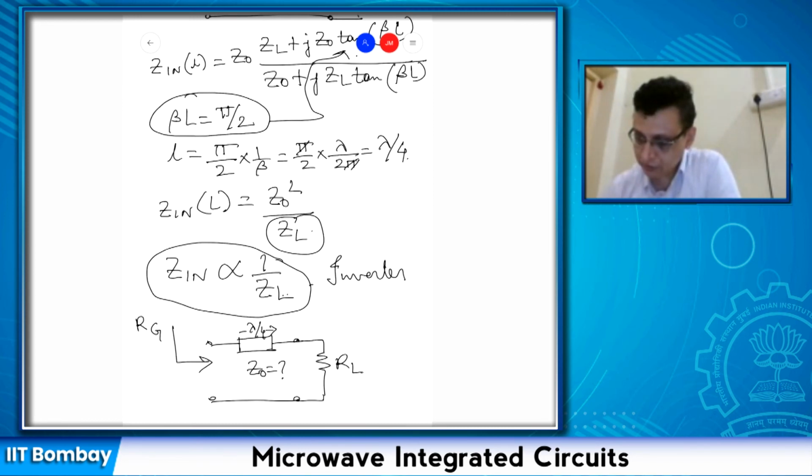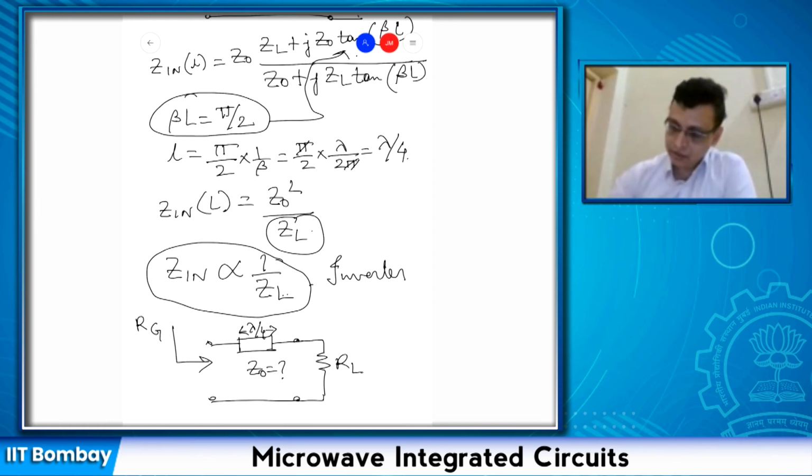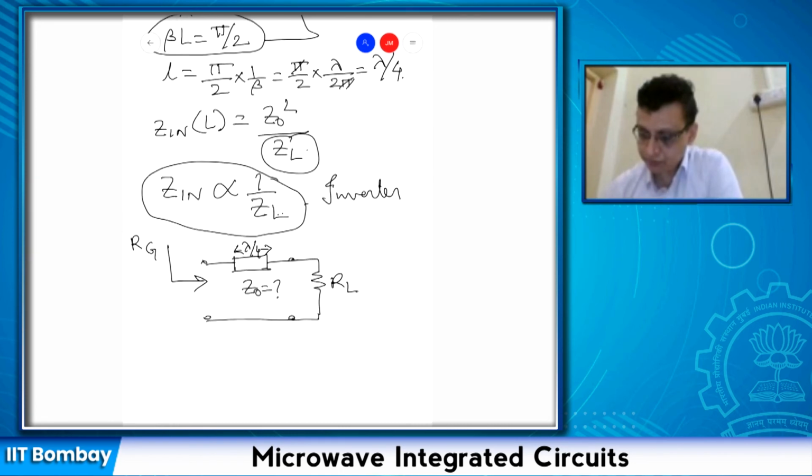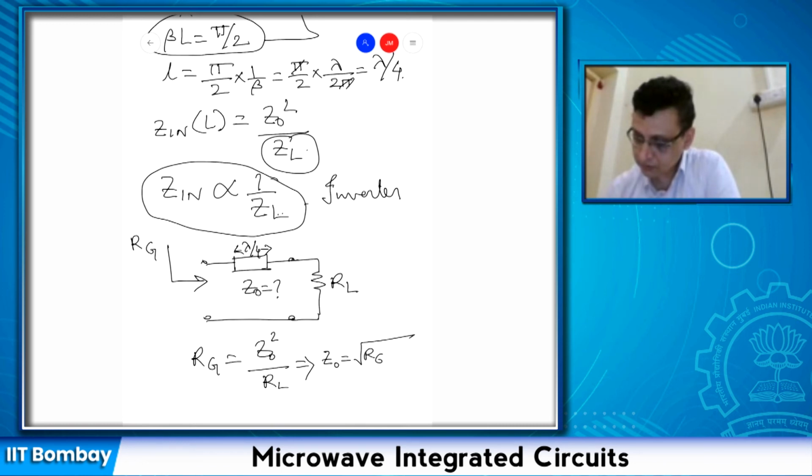Instead of writing quarter wave transformer, I just write it as lambda by 4. So Rg is given by Z0 square upon RL, and from here we get Z0 is equal to the square root of RG times RL. Okay, this is the relationship. This is the value of the characteristic impedance of the quarter wave transformer.